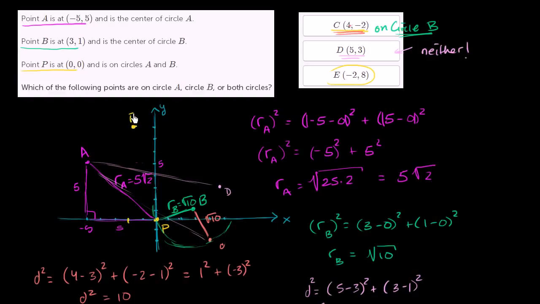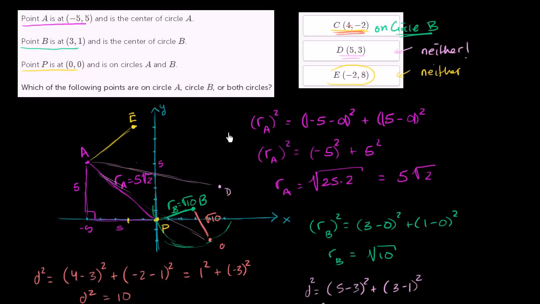That is point E. Just eyeballing it, this distance is clearly way too far. It's clearly more than a radius away from B. So this isn't going to be on circle B. And looking at it relative to point A, it looks much closer to point A. So just inspecting, you could rule this one out, that this is going to be neither.